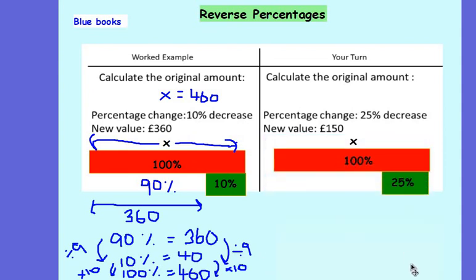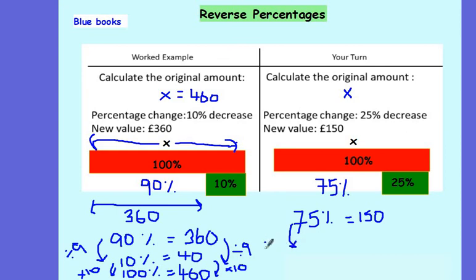Okay, let's go through the answer. So this time I've been told I want to find my original amount x and I want to find 100% of it. This time I know I've taken away 25%, so what percentage have I got left, Luca, this time? 75%, exactly. And I know that 75% after I've taken away the 25% is worth 150 to me. Let's use this to work out what the original 100% could be.